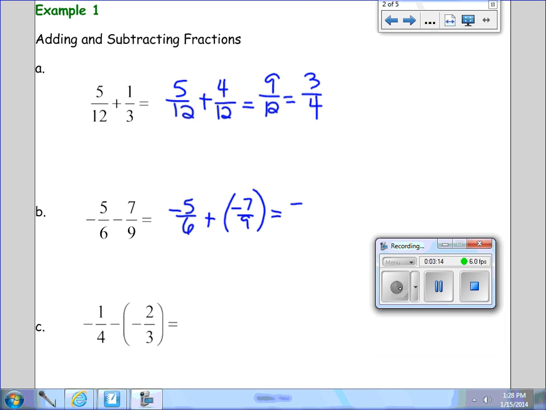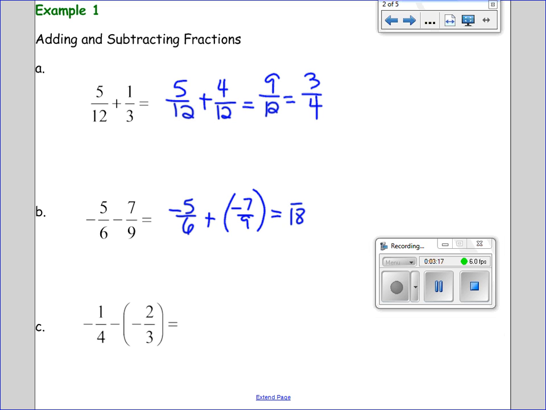So negative 5/6 will change to negative 15 over 18 plus negative 14 over 18. Add our numerators. Negative 15 plus negative 14 is negative 29 over 18. Simplified, negative 1 and 11 over 18.